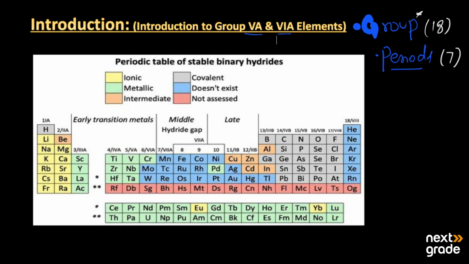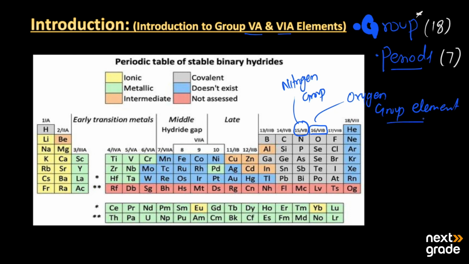The group 5A elements are also called group 15A elements, known as the nitrogen group elements, and the group 6A elements are denoted by 16 or 6A, and these are called the oxygen group elements. So the first member gives the specific name to its group, which is a representative group for all the other elements.